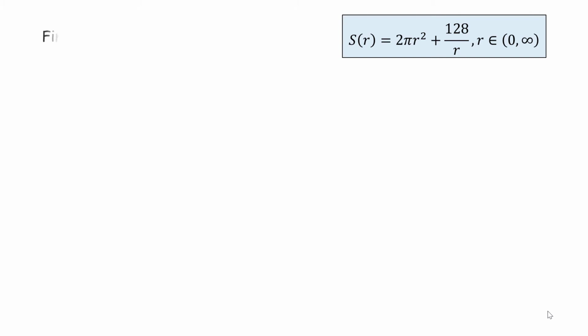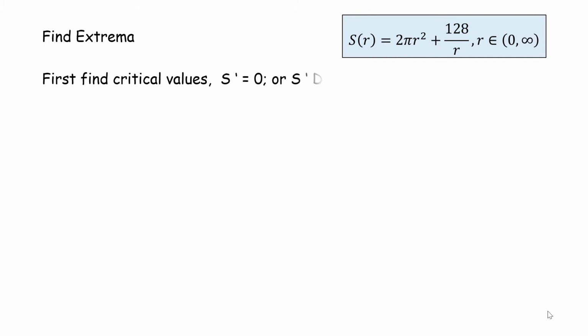We are now ready to find the extrema. To find extrema, we always first find critical values, and critical values are where the derivative, in this case s prime, equals 0, or s prime, the derivative, does not exist. Let's find s prime. The derivative of 2 pi r squared: bringing the 2 down and multiplying it by the 2, that's the coefficient, you get 4 pi r.